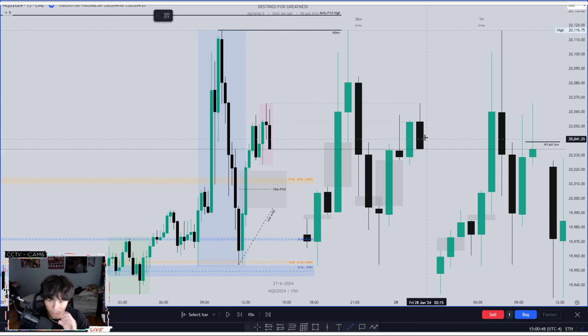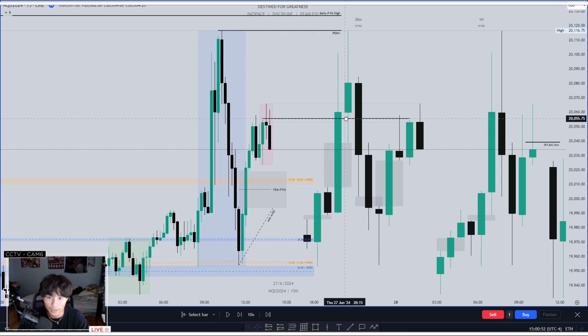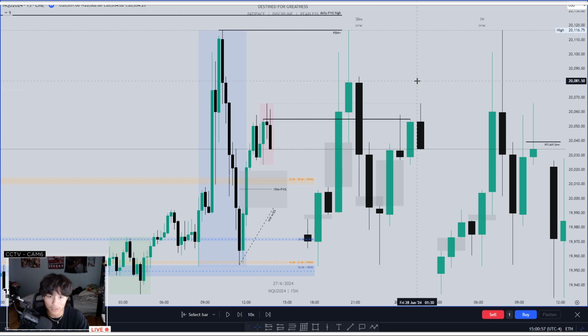And this candle's high, this 30-minute high, also aligns with the 15-minute high. This is also part of my theory on time frame alignment. I feel like this is one of the ideas that ICT keeps away from us, and yeah.